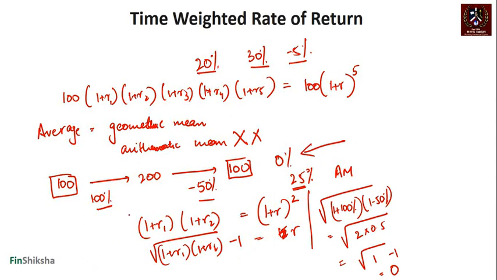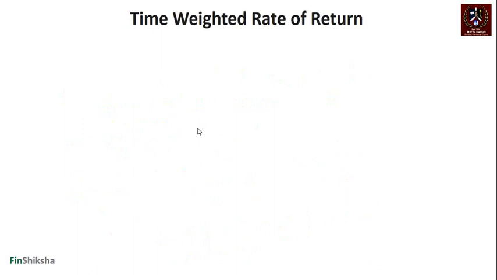So in effect what we are going to do is, whatever the number of years, we are going to take that number of years, and that is going to get equated to 1 plus R to the power 5. I'll write it again in case this is not very clear.